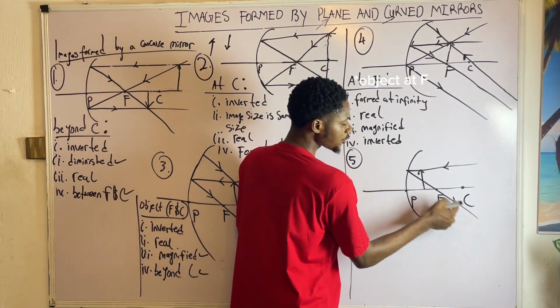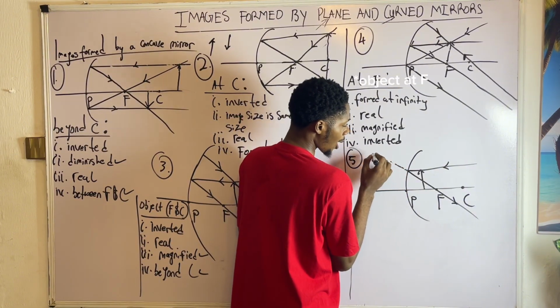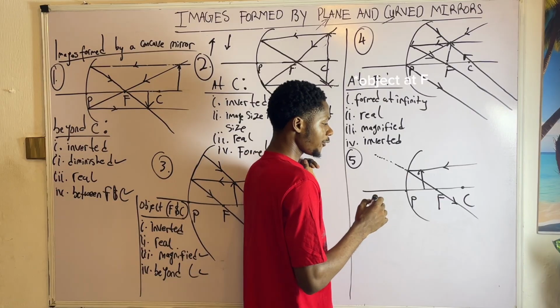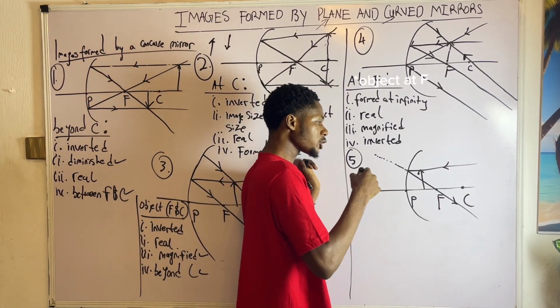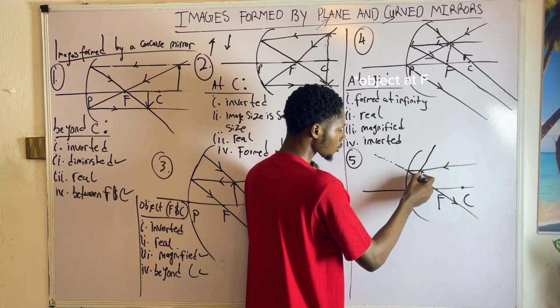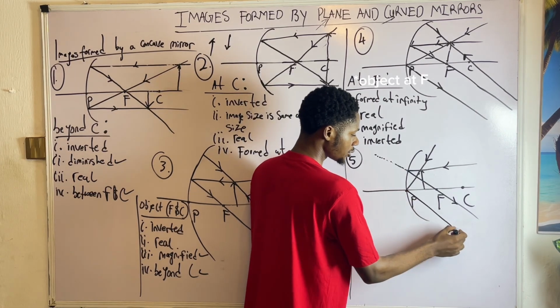Now, if we trace this reflected ray, we are going to have something like this, at the back of the mirror, right? Now, for us to form an image, we need to pass another light ray. So let's make use of rule 2. If we pass it like this, and it hits the pole, it's going to reflect back the same way, right?